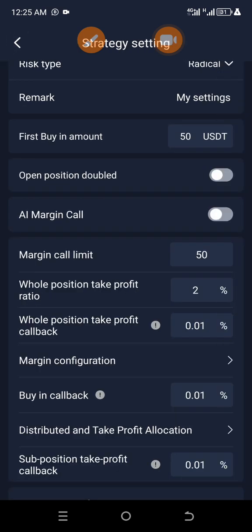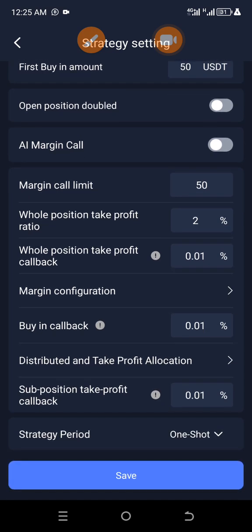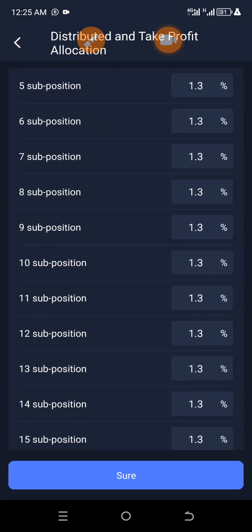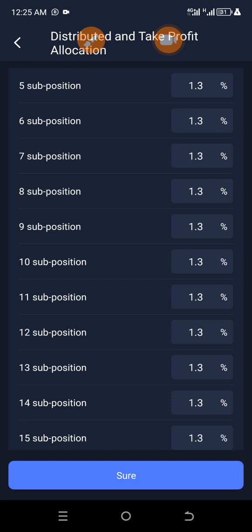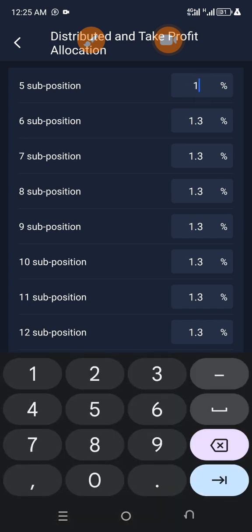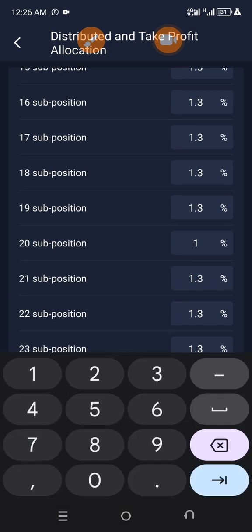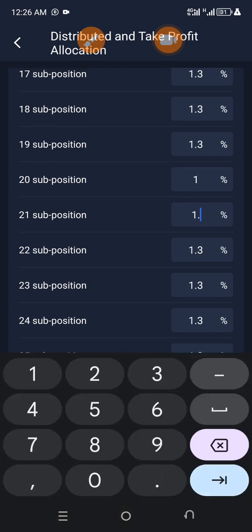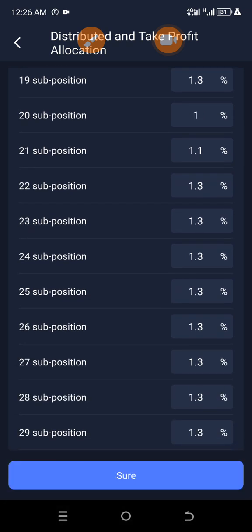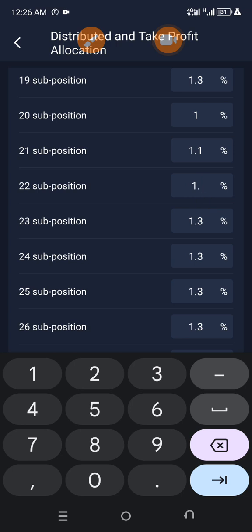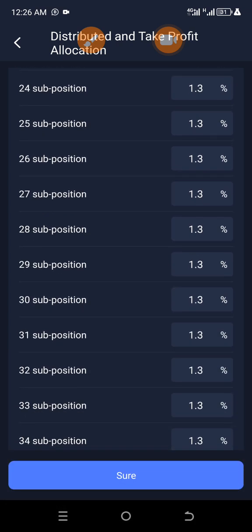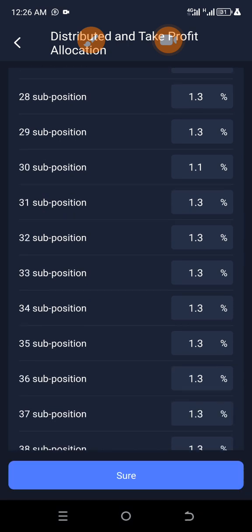Now I'll go back. Then when you are done, you come to distributed and take profit allocation. Now here, from 5 to 20, you make them 1%. So 1, 1, 1, up to 20. Then from 20 to 30, you make them 1.1.